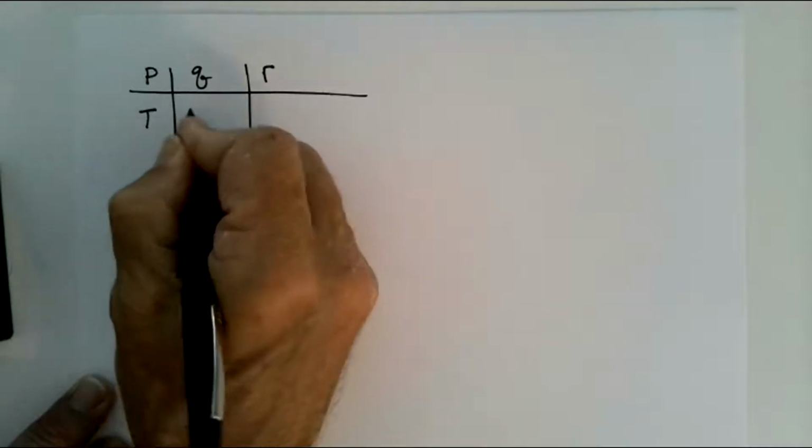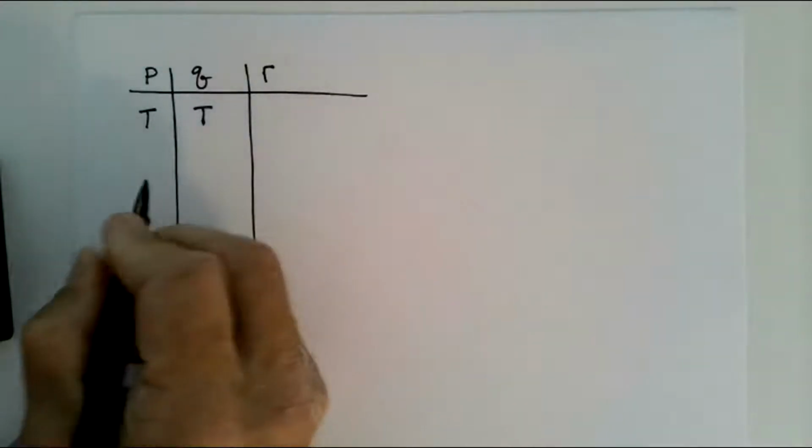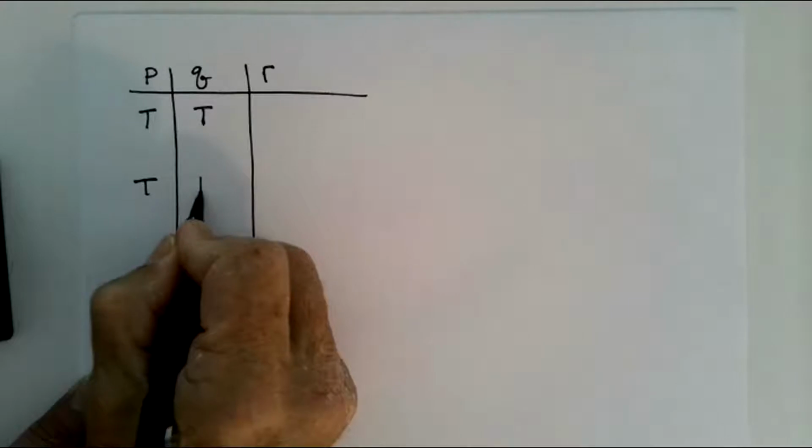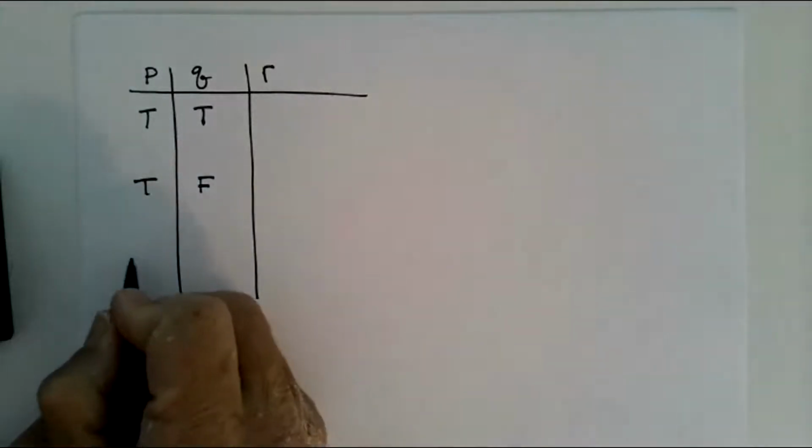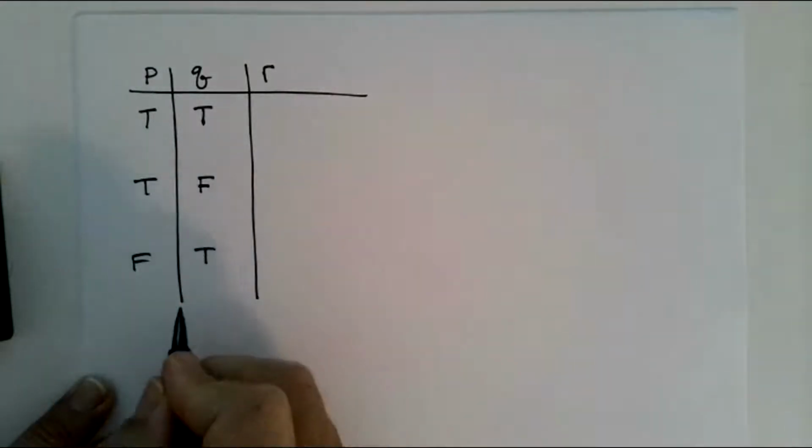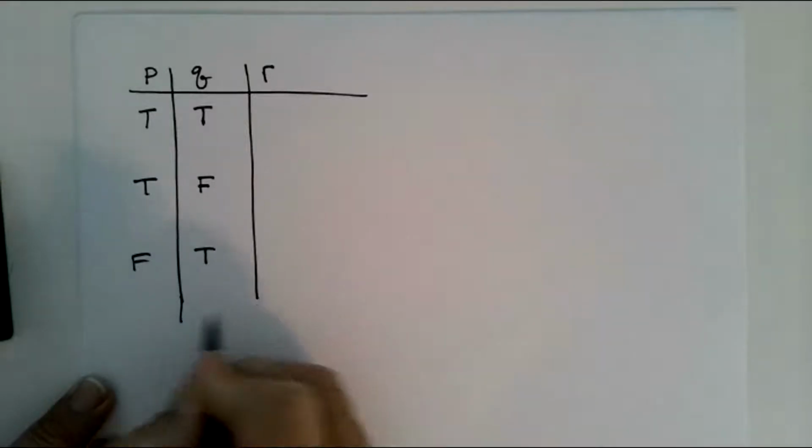TT is the first one, the second one was TF, the third one was FT, and the last one was FF.